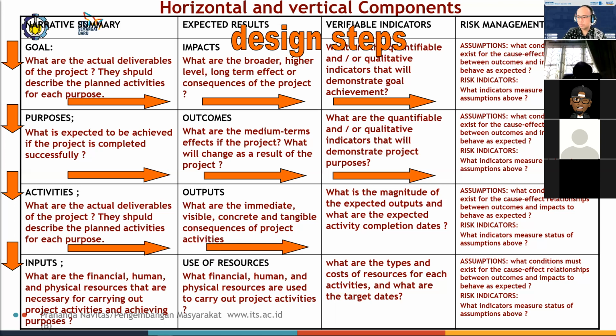Same process for activities, output, and then inputs here, the use of resources, and then the types of costs associated with each resource or with each activity, and what the target dates are, and then of course finally it's the assumption and risk indicators that need to be established.